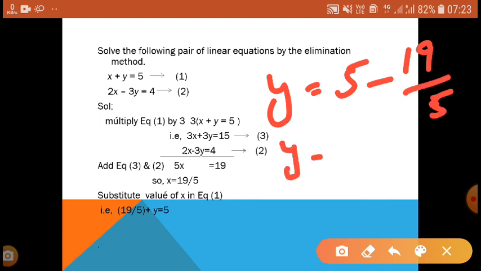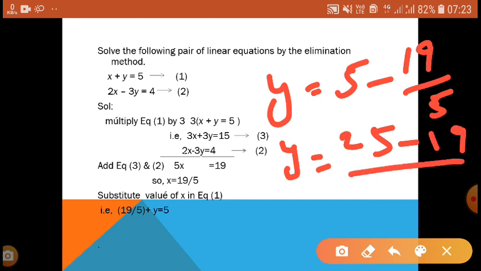That gives y equal to 25 minus 19 by 5 after cross multiplication. So 25 minus 19 becomes 6. So we get y equal to 6 by 5. Now we got both the solutions. One is x equal to 19 by 5. Another one is y equal to 6 by 5. This is the solution.